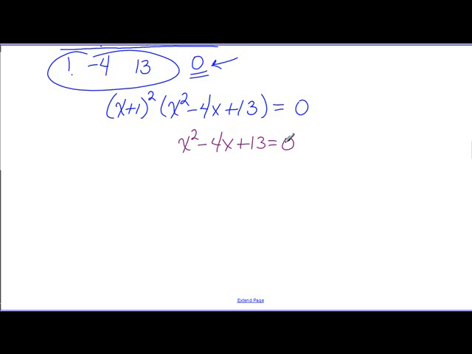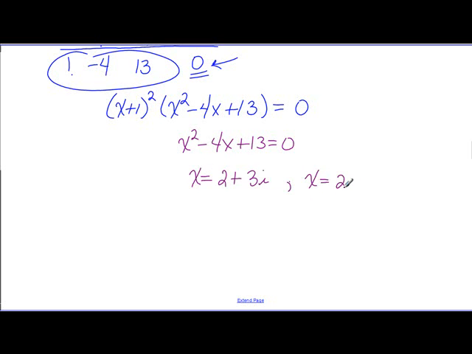So pause the video right here, you work that out and see what values of x you get. Once you have done that work, you should find that you get 2 plus 3i and 2 minus 3i.